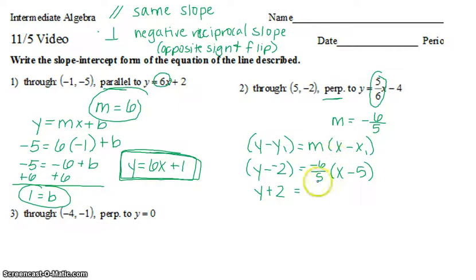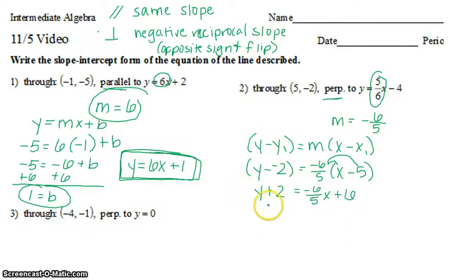On this right side, I'm going to distribute my negative 6/5, and I get negative 6/5 x. I'm also going to multiply it by that negative 5. So a negative 6/5 times a negative 5 is actually going to be a plus 6.